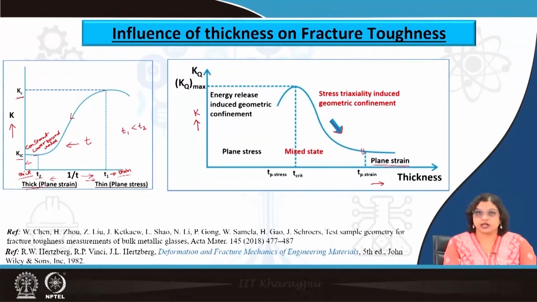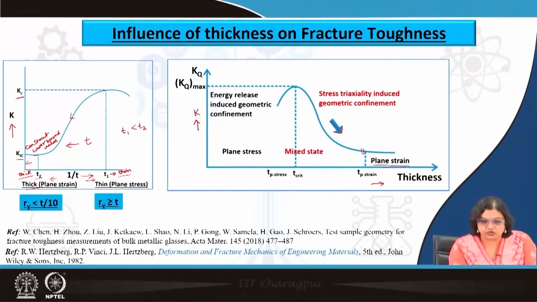Now, this is once again not arbitrarily dictated as thin or thick, but is considered based on the plastic zone size. In case the plastic zone size is less than 1/10 of the thickness, that means the thickness is 10 times the plastic zone size. We have seen that the plastic zone size is very small for the case of plane strain condition, right.